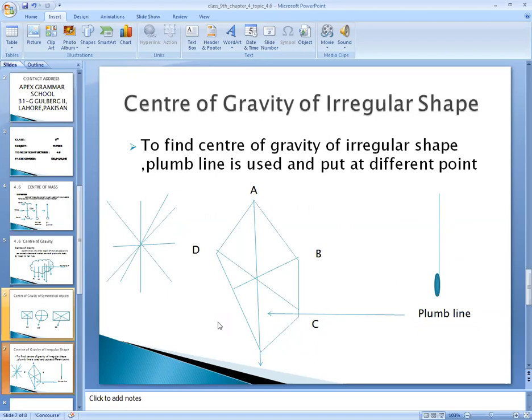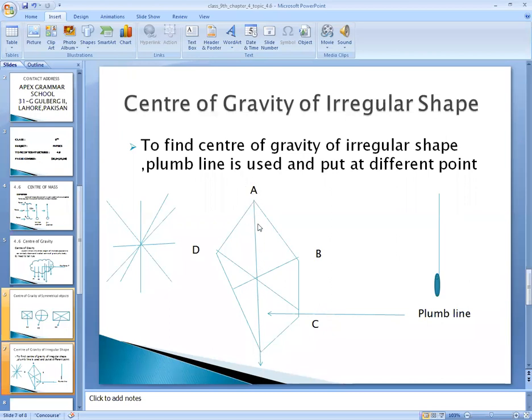How can we find the center of gravity of an irregular shape? I told you, I mark these points. This point is A, this point is B, this point is C, then this point is E, and this point is D. So if I pass my nail from here, first point A, then I hang the plumb line over here.